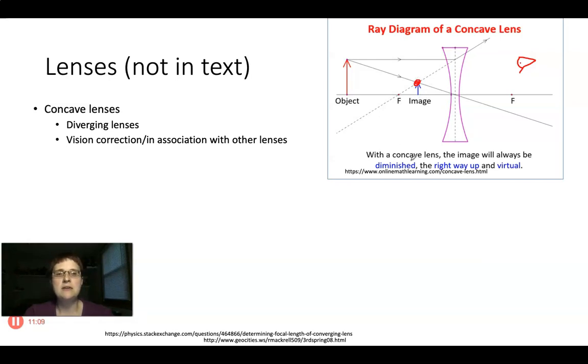That's why it says down here it's diminished. It will be right side up, and that's important because we're going to take a look at the other type of lens in a second. So it'll be smaller, right side up, closer to the lens, and it's going to be a virtual image. If you remember, we talked about virtual versus real images.